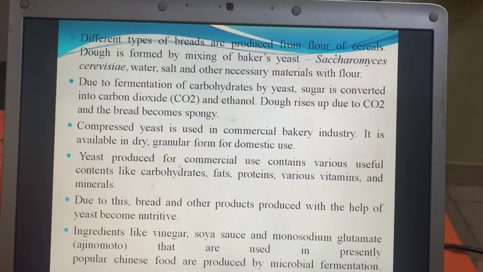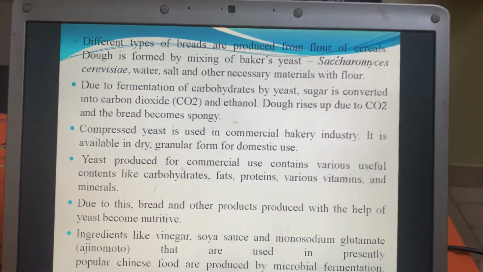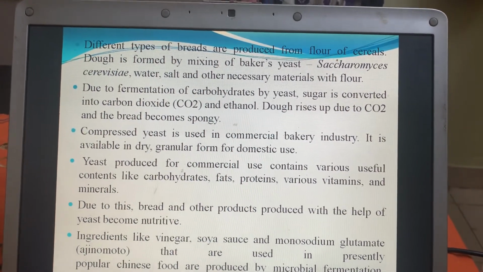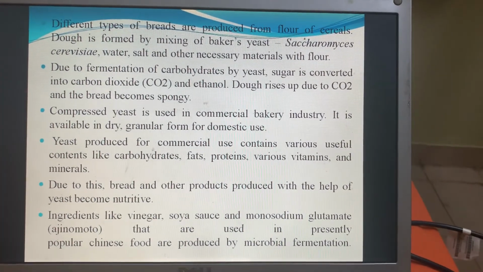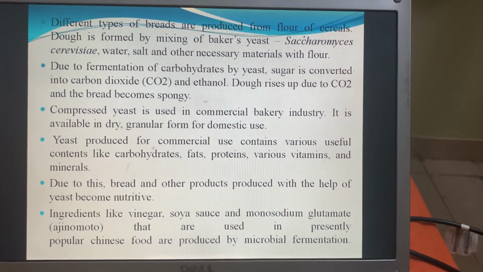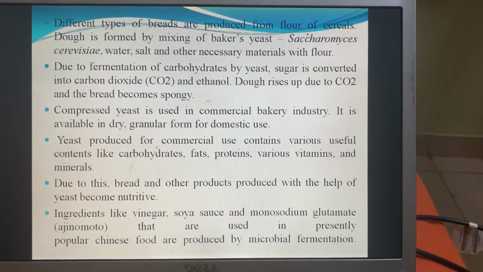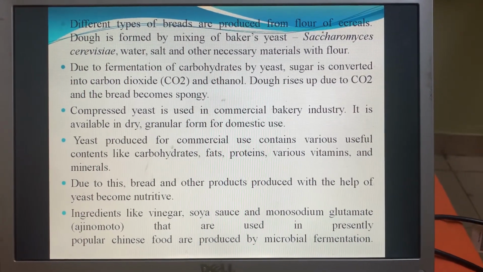Different types of breads are produced from flours of cereal. Cereal means grains, flour means आटा. Dough, dough means गूंदा हुआ आटा जो होता है उसको dough बोलते हैं, is formed by mixing of baker's yeast, which is Saccharomyces cerevisiae, water, salt and other necessary material with flour.